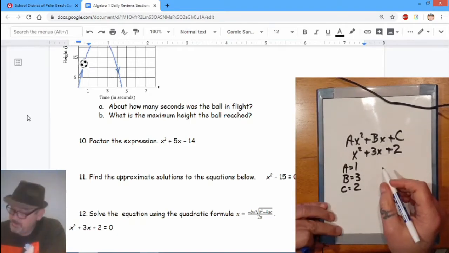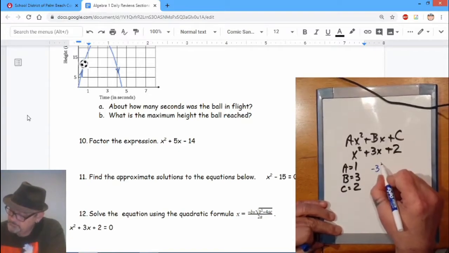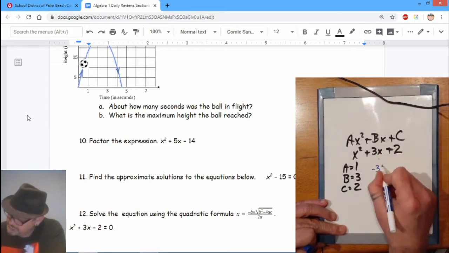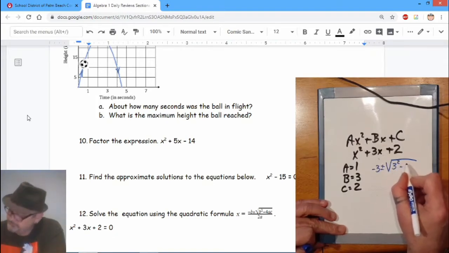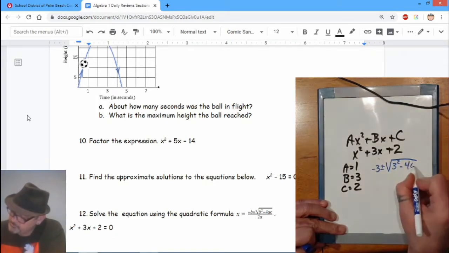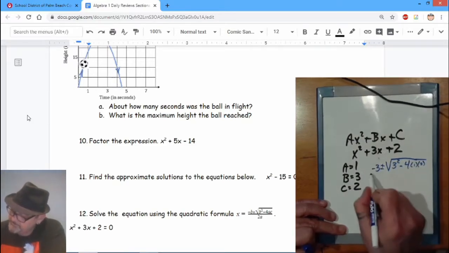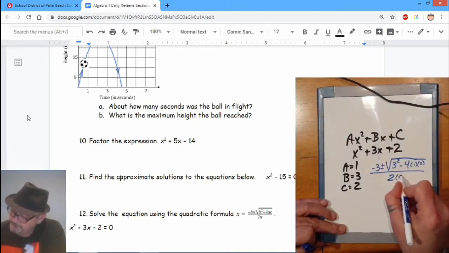So negative B, negative 3, plus or minus the square root of 3 squared minus 4 times A, which is 1, and times C, which is 2, divided by 2 times A, which is 1.